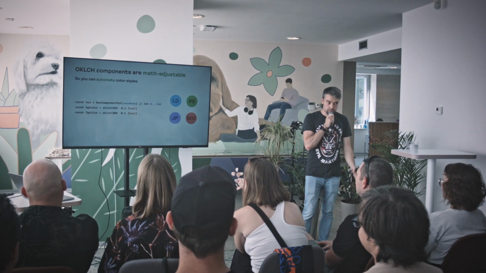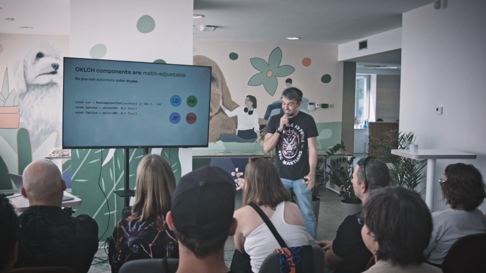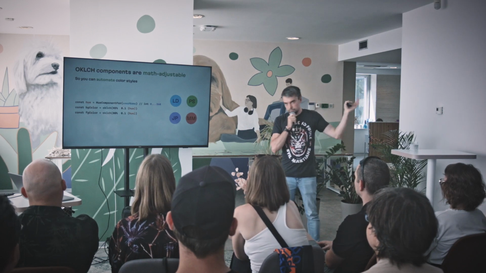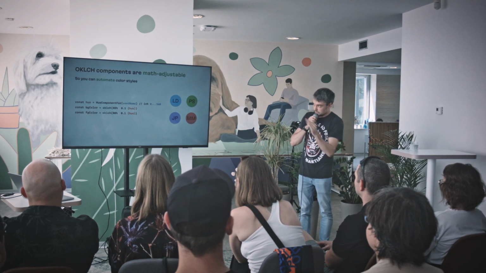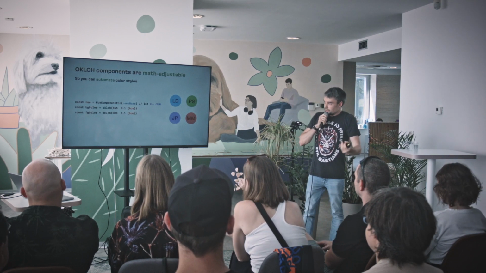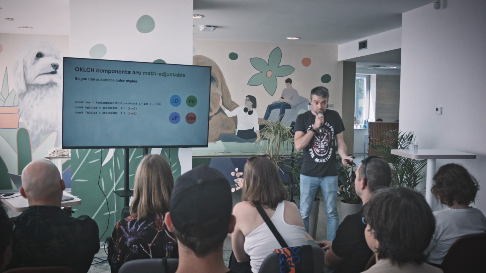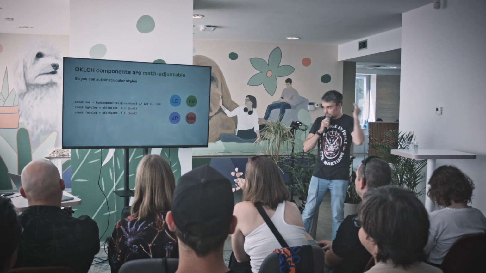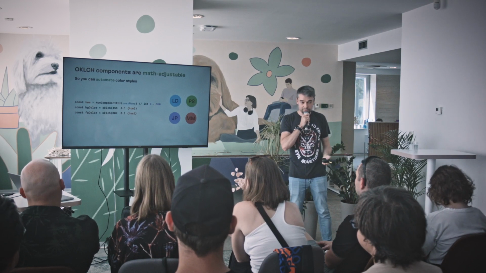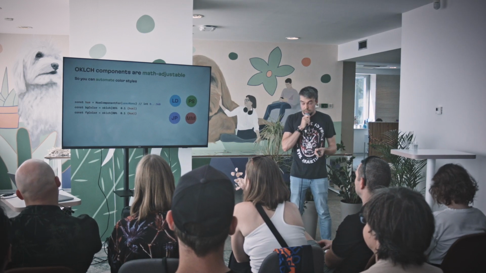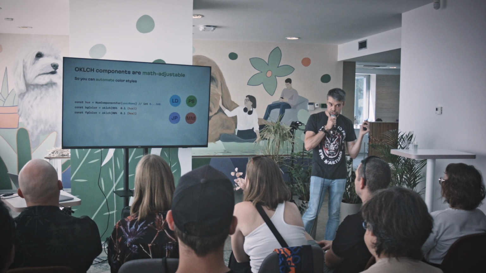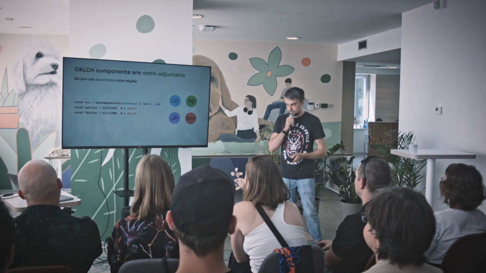Depending on the logic inside of this function, these colors may be hundreds, many hundreds. And that's great. You don't need to support all this infinite amount of colors manually. You just describe it mathematically, and OKLCH allows you to generate as many colors as you need.